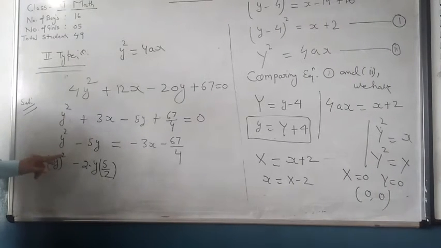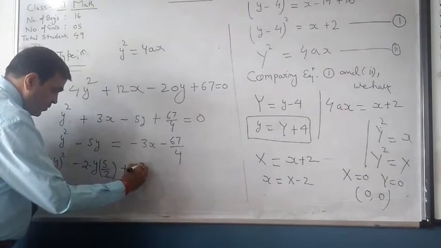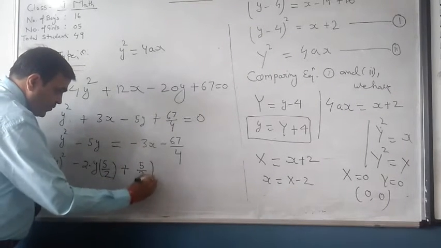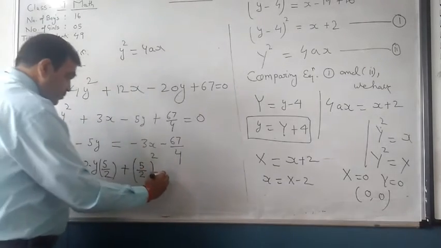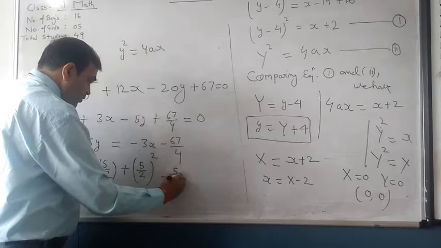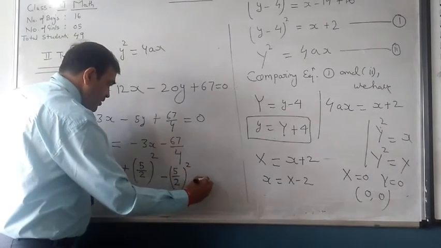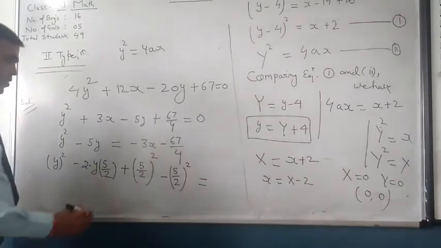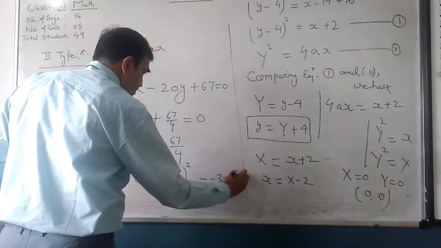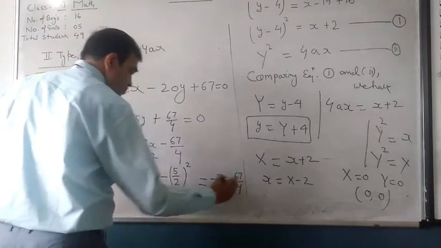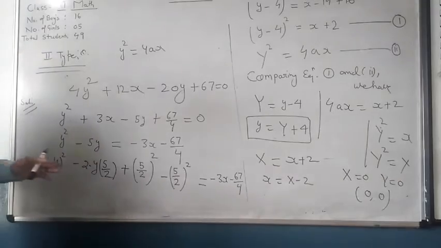So y square minus 2ab plus 5 upon 2 whole square minus 5 upon 2 whole square is equals to minus 3x minus 67 upon 4. Clear?